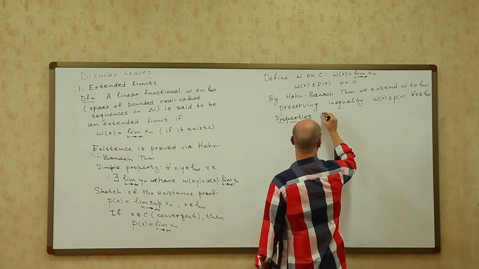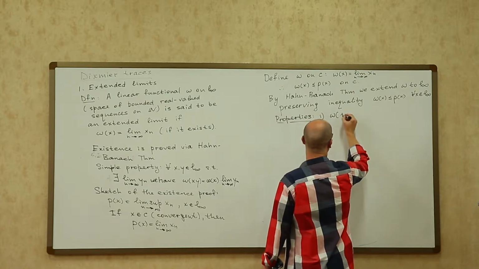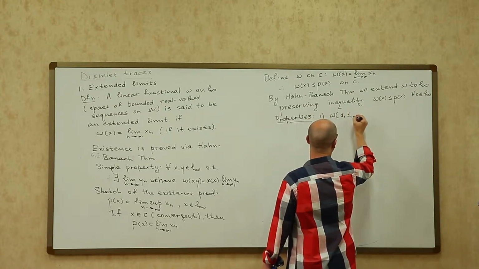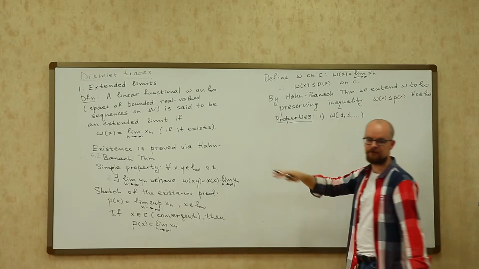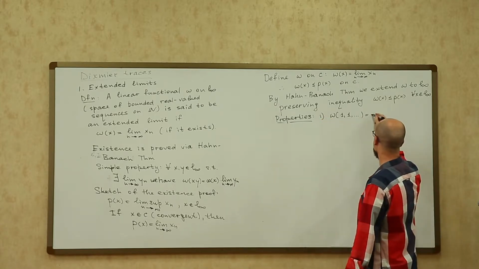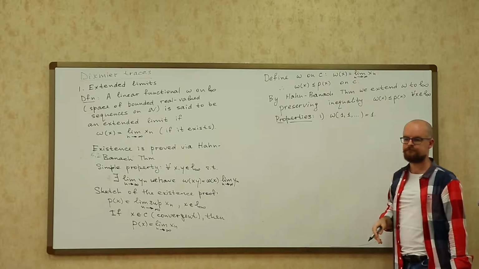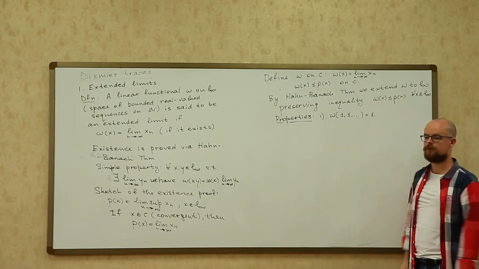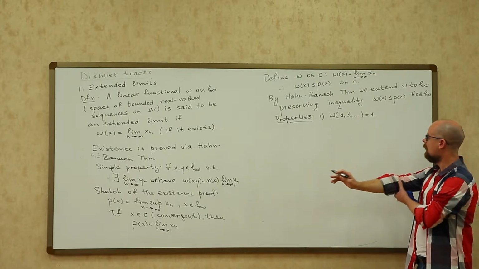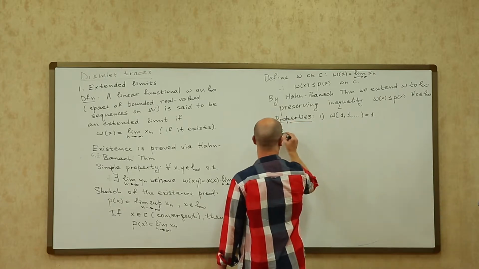The first one, we clearly have that if the sequence consists of ones, so it's identically one, then the value of every extended limit is 1. It's convergent to 1, so we clearly have that.